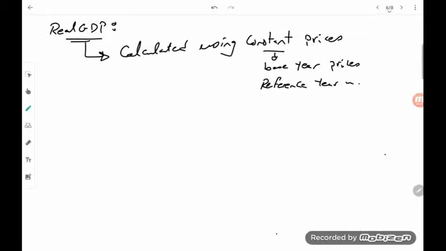So this means that we are going to keep the prices of a specific year constant and just study what's going to happen to the quantities. Okay, let's take the same example.